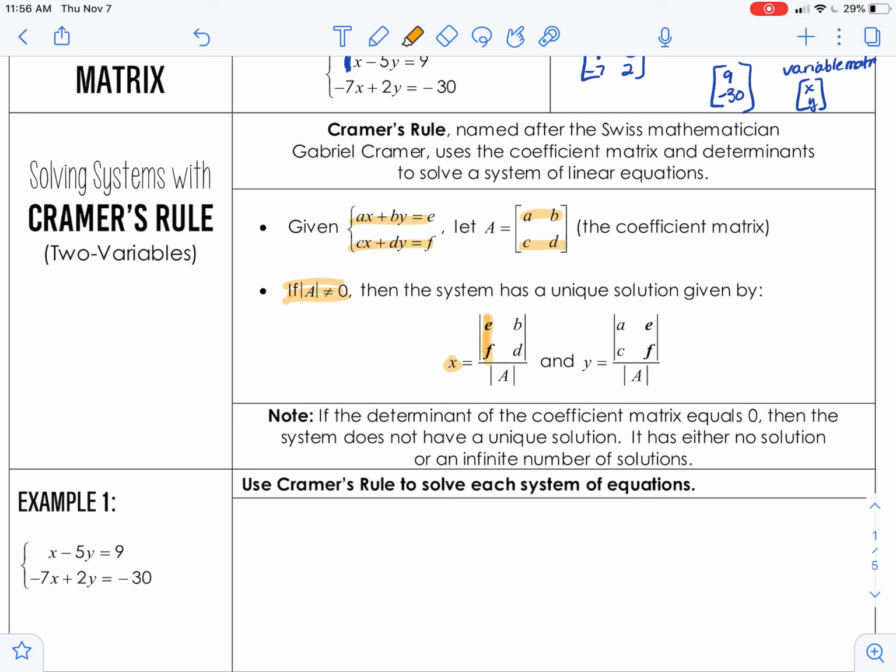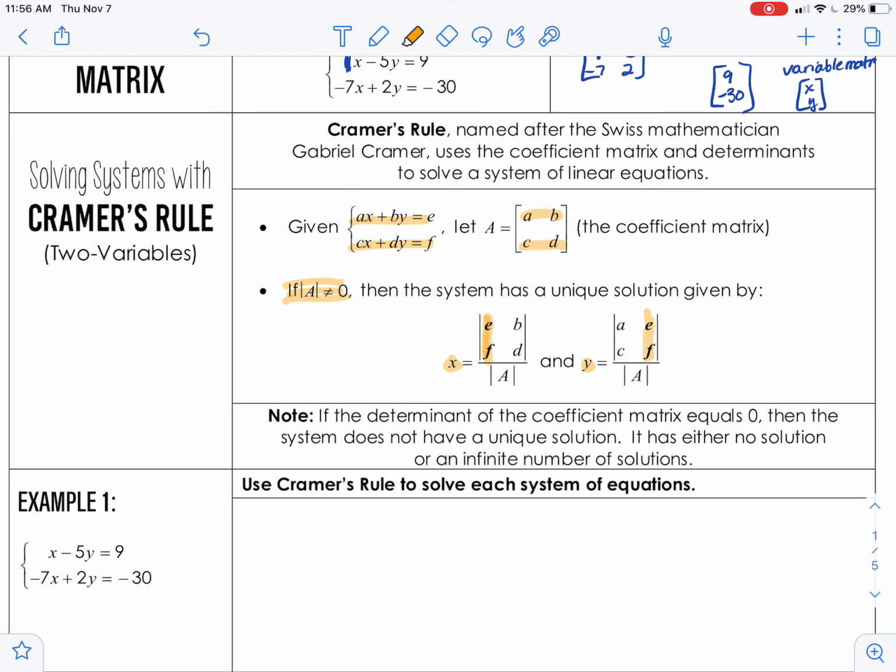We're going to find the determinant of that, and then we are going to divide it by the determinant of our coefficient matrix. So you're actually finding two determinants and dividing them, okay? Then when you do your y, we substitute the constants, the E and the F, in place of the y's. Again, we'll find that determinant and then divide it by the determinant of your original.